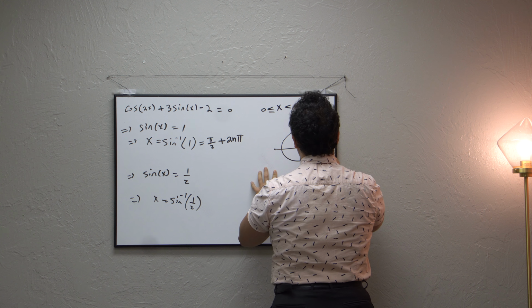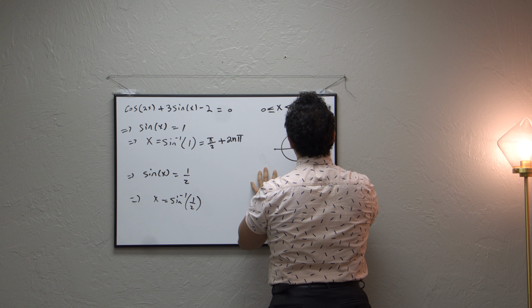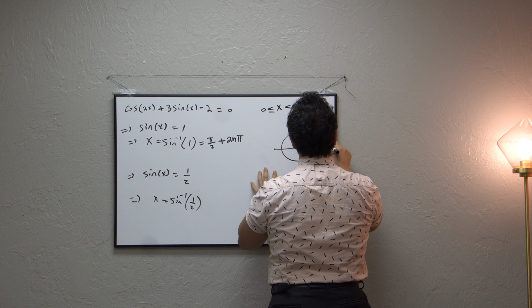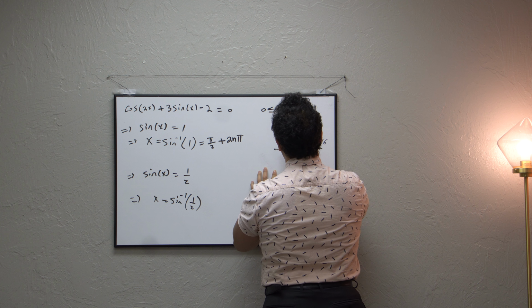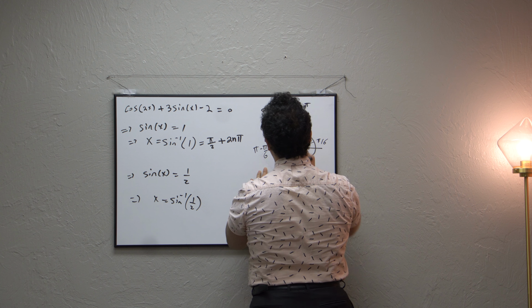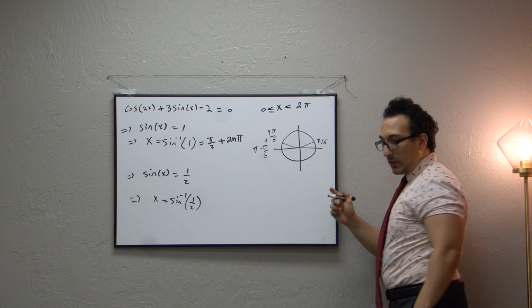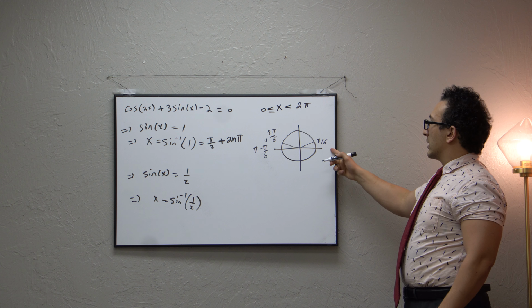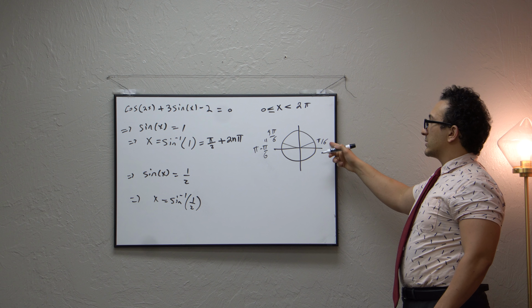We notice that sine assumes the value 1/2 at pi over 6 and at pi minus pi over 6, which breaks down to 5 pi over 6. Okay? How do we know that? Well, because it's a special angle here where sine is 1/2.